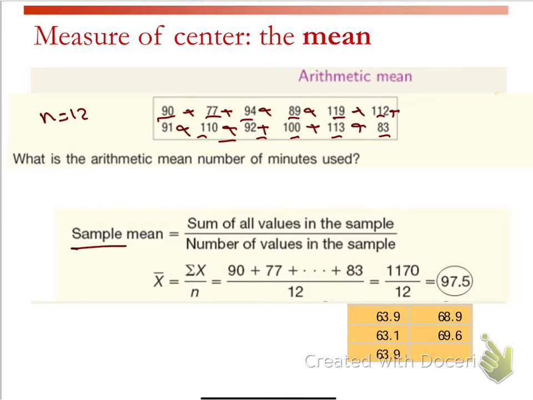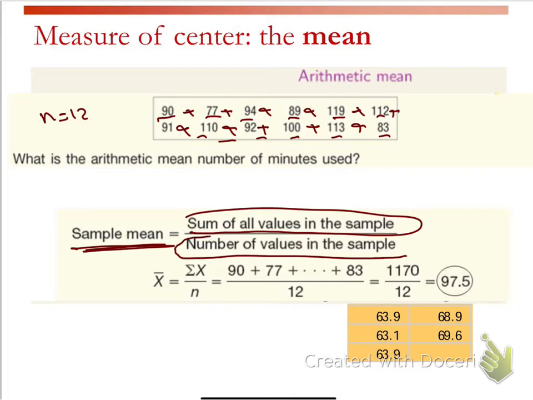So the sample mean or the average will be the sum of all values of the sample divided by the number of the values, the count. Sum x divided by n. So the sum of x will be 90 plus 77 plus and so on, which ends up with 1170 divided by 12. So this will be the average or the mean.